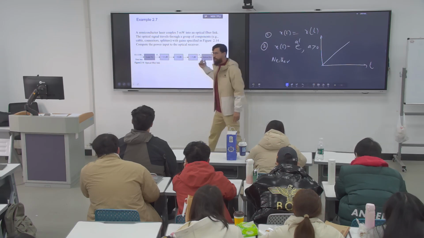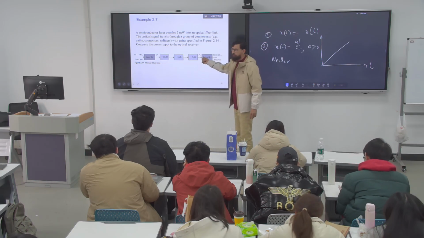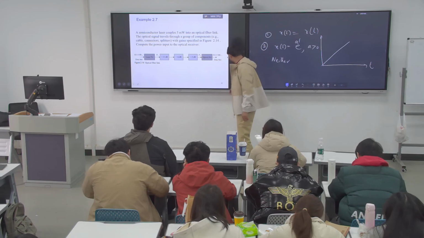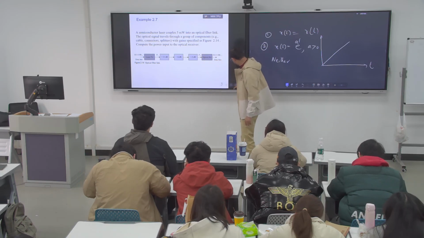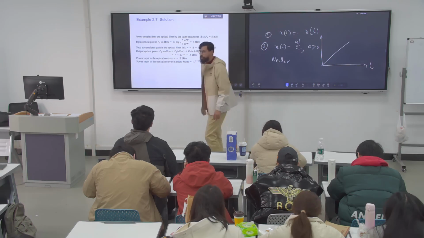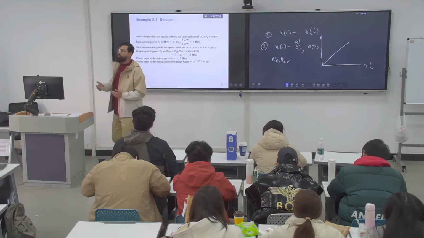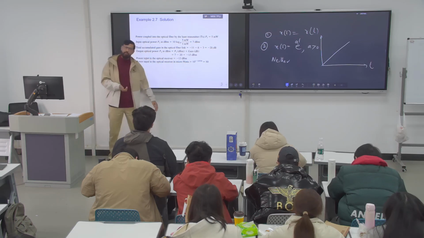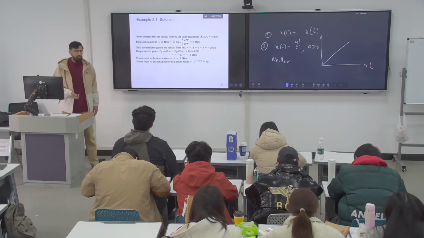How much power would I have here? Algebraic sum, so 7 minus 20, that would be minus 13 dB. Now I need to convert it into milliwatts. I know the formula. Just plug in the formula, you will get the power in milliwatts. Make sense?